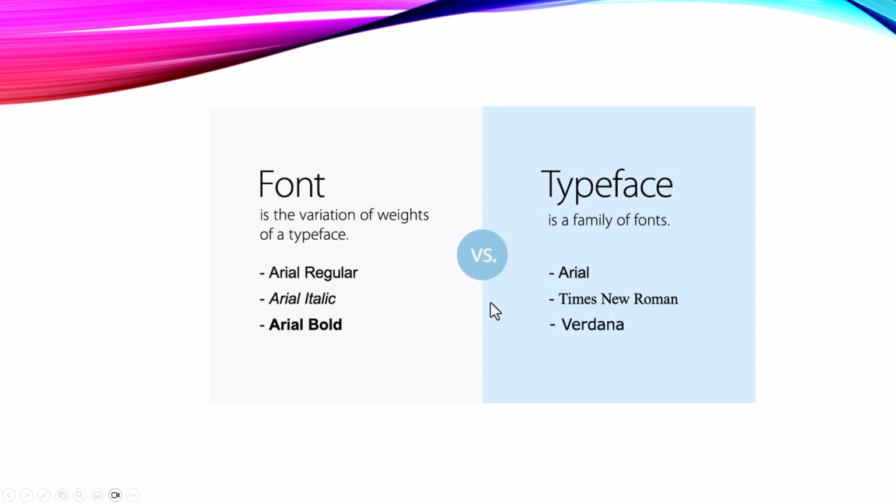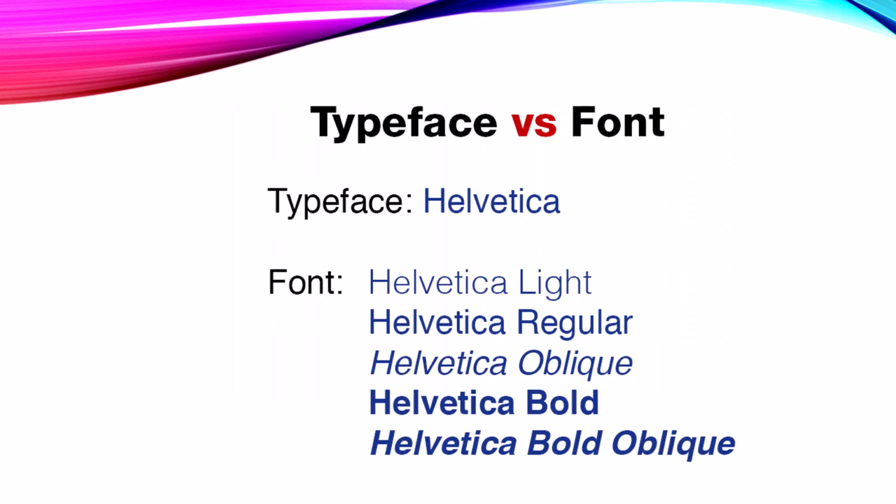You need to be comfortable using the different terminologies. The typeface is Helvetica. The font itself is going to be, is it light, is it regular, oblique, bold, bold oblique, or any other number of variations.